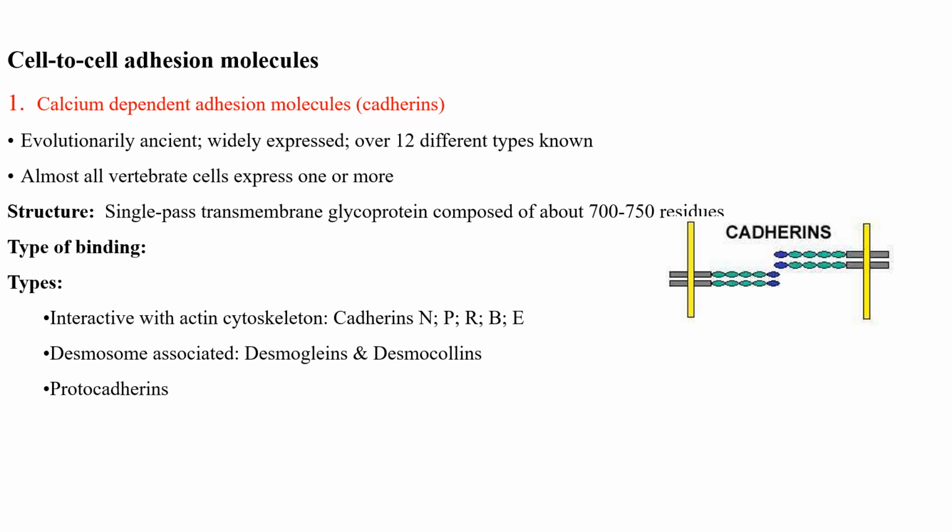So talking about its functions, there are 3 major functions of cadherins in cell-to-cell contact formation and stability. Two of those functions lead to a decrease in interfacial tension at the forming cell-to-cell contact, and thereby they promote contact expansion.